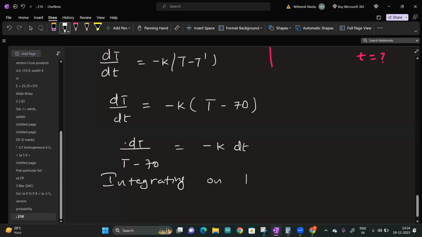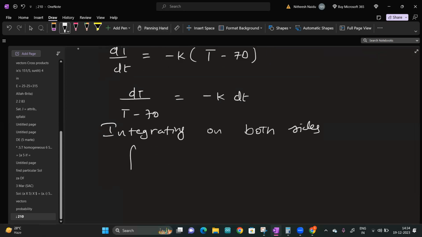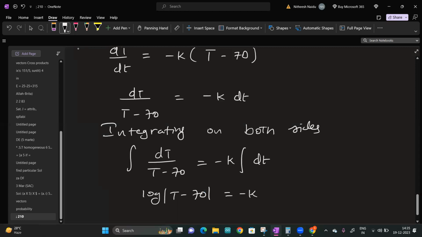Integrating on both sides: integral dT/(T - 70) = -k times integral of dt. So it will be log|T - 70| = -kt + c.